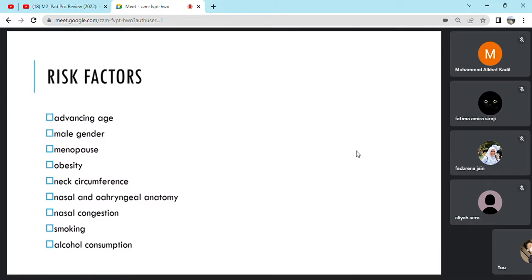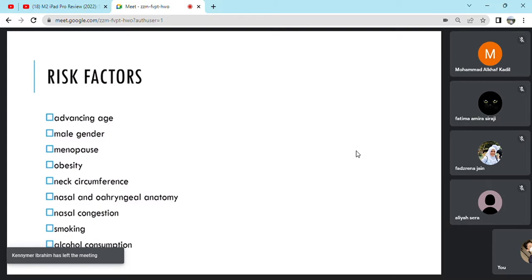And aside from that, if you measure the neck circumference of these patients, usually the neck is short and it's actually large, no? Kaya it follows. If you look at the profile of a patient, male gender, tapos obese, tapos short neck, usually they also suffer from OSA. For sure yan. They have OSA.